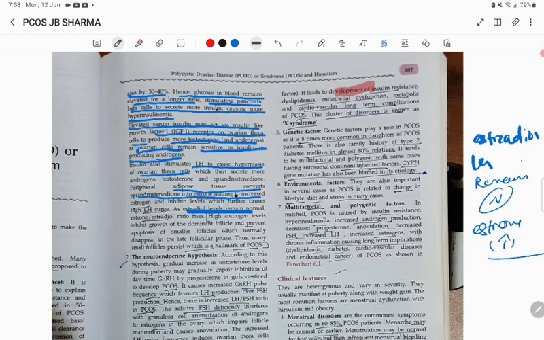High androgen level will inhibit the growth of dominant follicles.